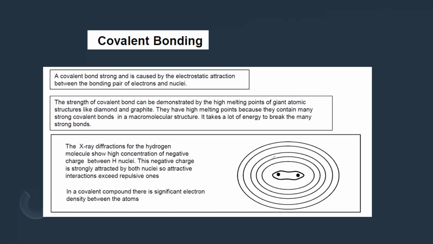What is the electron density map? The electron density map shows the region where the chance of finding an electron is maximum. You can see the X-ray diffraction of a hydrogen molecule shows a high concentration of charge between the nuclei. So greater concentration of charge is there between the nuclei, and strong attraction exceeds the repulsion, because there's also a repulsion in this case.